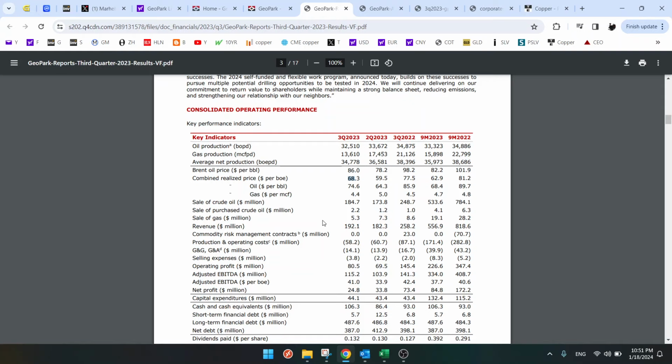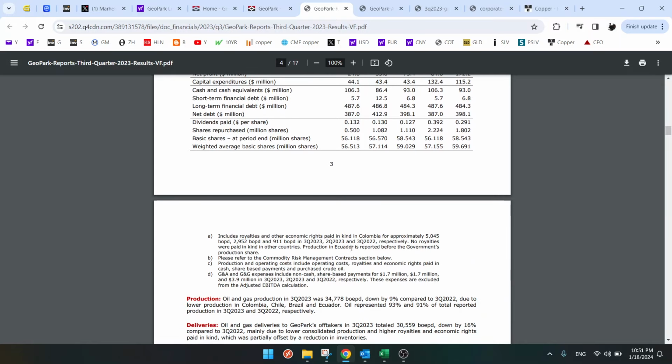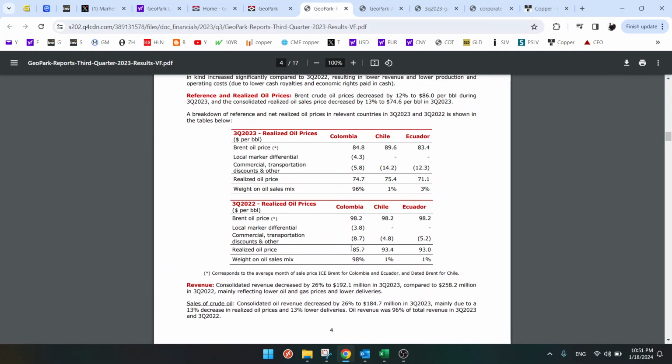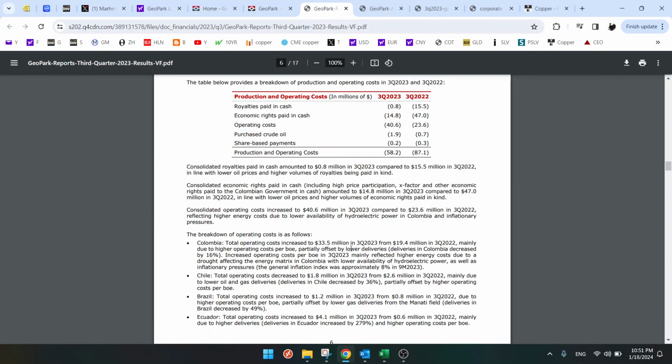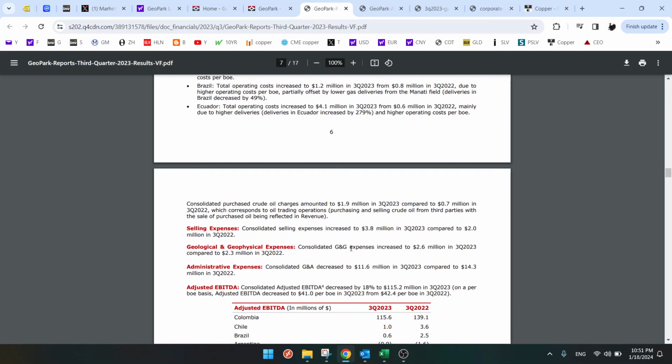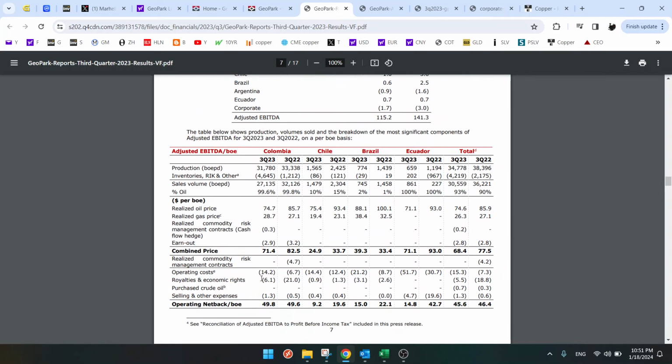Okay, now the cost. Revenue, production and operating costs, 58. Do they have per barrel? Not per barrel, but okay, here is per barrel.